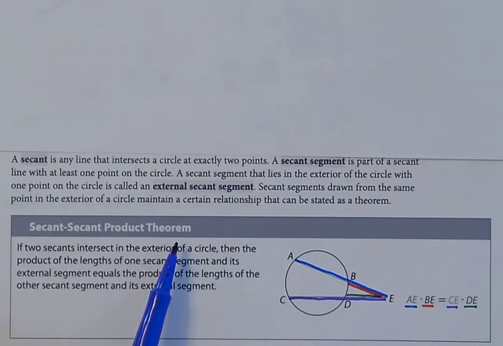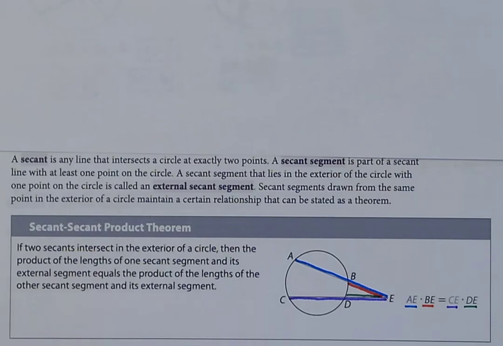The secant product theorem states this, that if 2 secants intersect in the exterior of a circle, so the secants here would be AE and CE, and they're going to intersect at point E. So these 2 lines, the blue and the purple, intersect at point E. Then the product of the lengths of one secant segment and its external segment equals the product of the lengths of the other secant segment and its external segment.